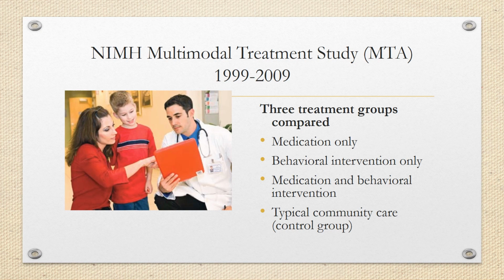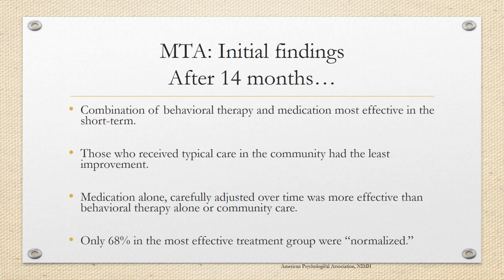One group received behavioral supports and intervention only, and one group received a combination. The typical community care group just received what they would usually receive without any particular research study, what they would typically receive in their own home communities.